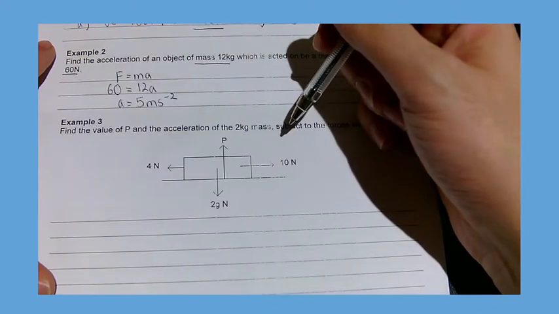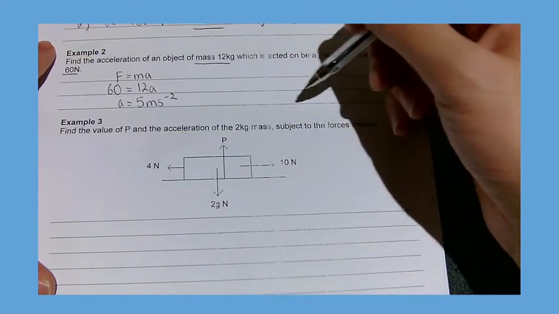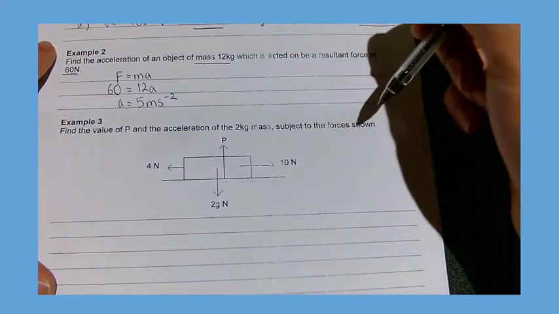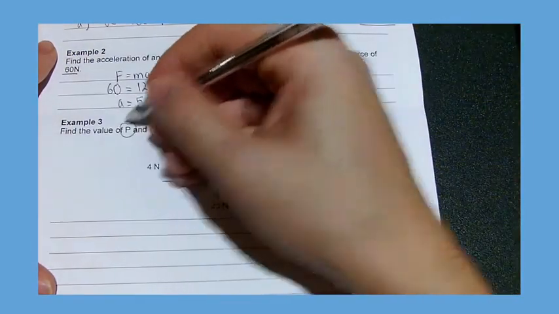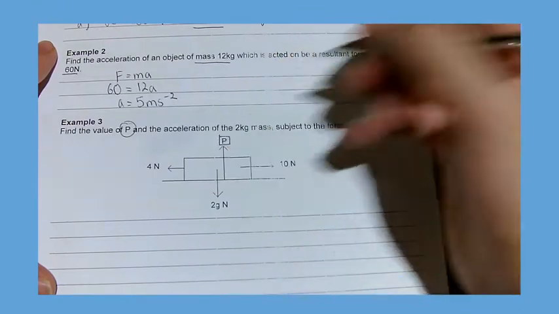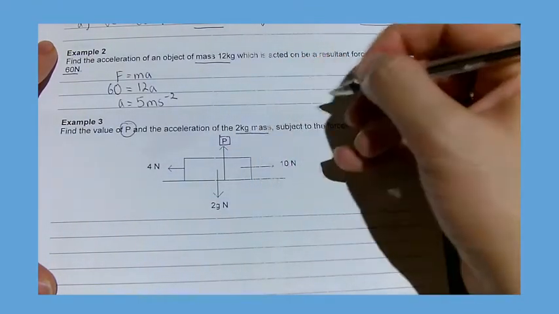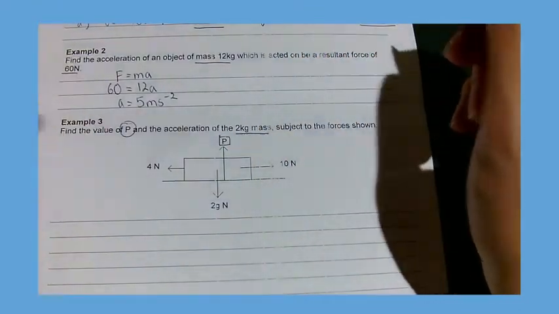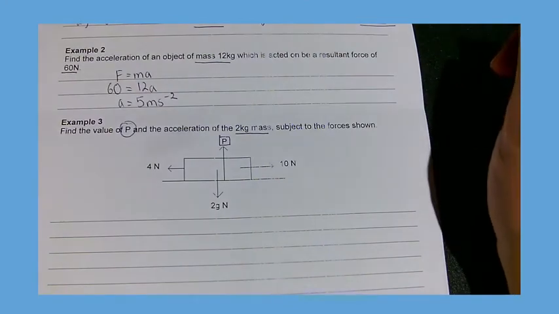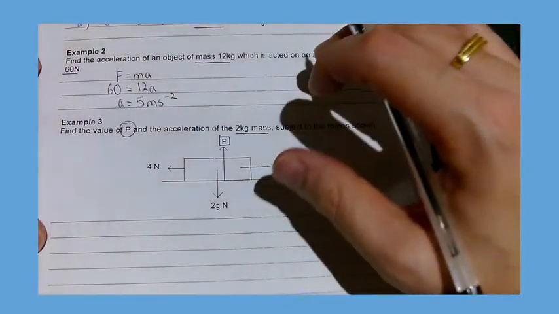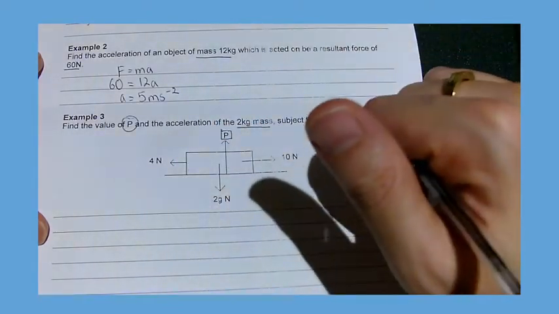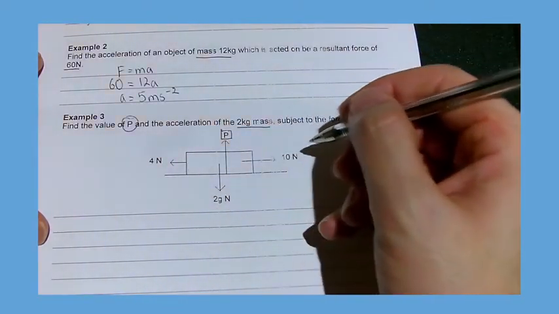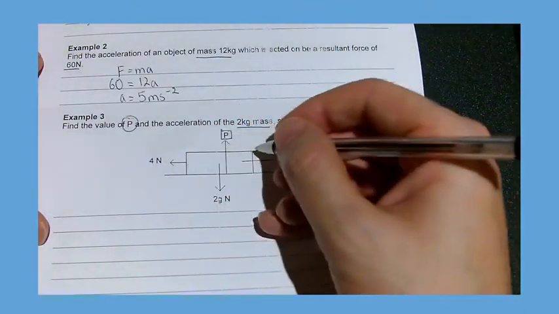Right, example 3. Find the value of P and the acceleration of the 2 kilogram mass subject to the forces shown. So let's just break this down a bit more. We need to find the value of P, which is this force here, and the acceleration of this 2 kilogram mass subject to the forces shown. Now we've got to understand what the overall resultant force is. It's not accelerating vertically.